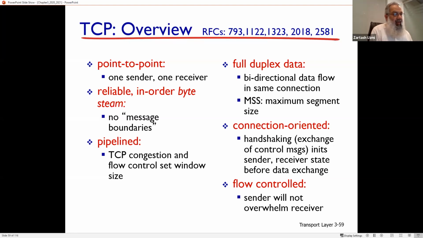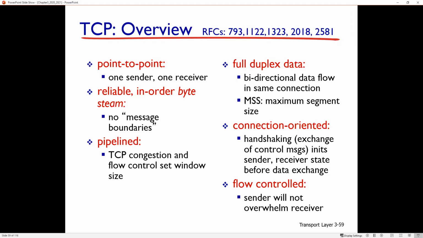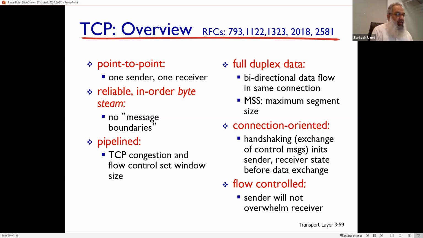It's a protocol that was built a long time ago, and it stood the test of time. So it has a number of different artifacts built in, which ensure that you're going to have a reliable in-order byte stream delivered to the application layers above.